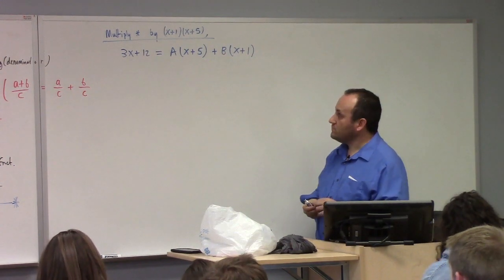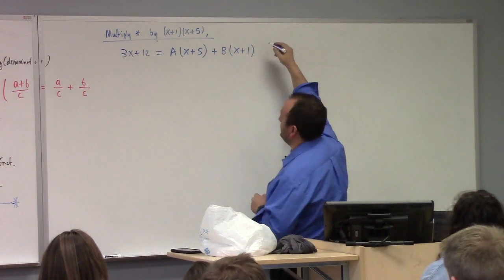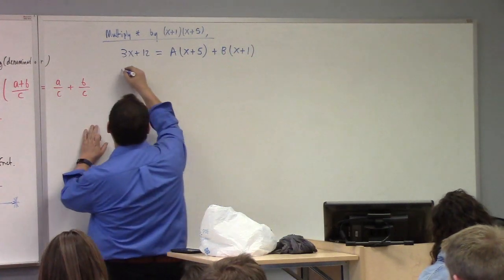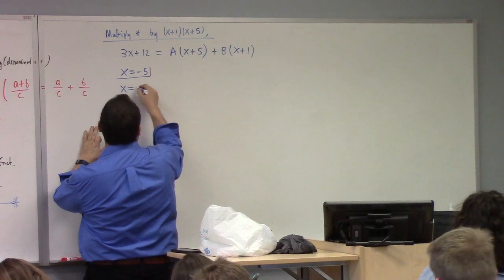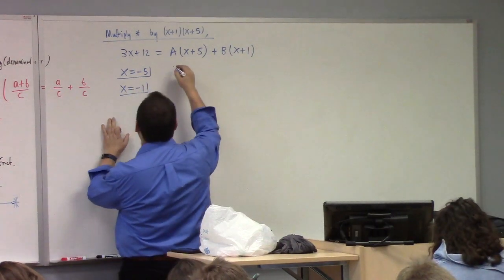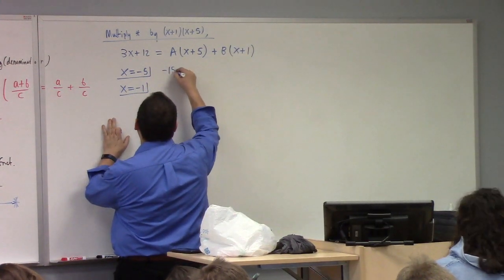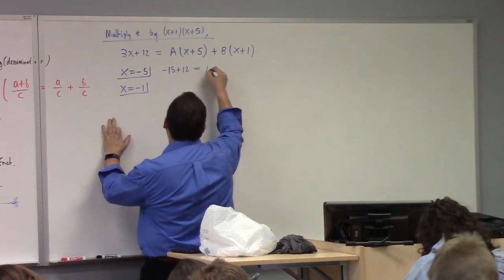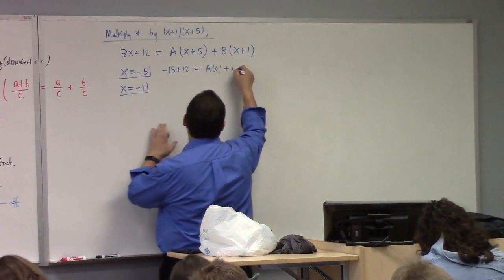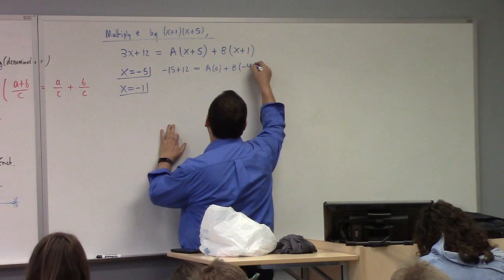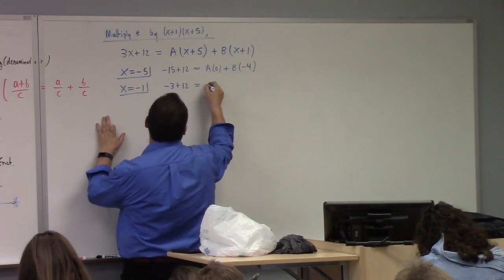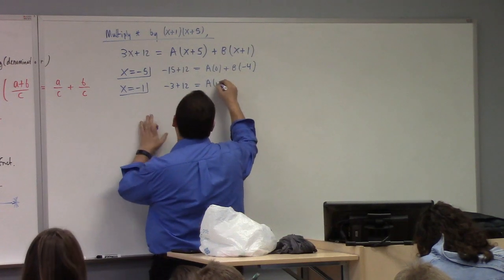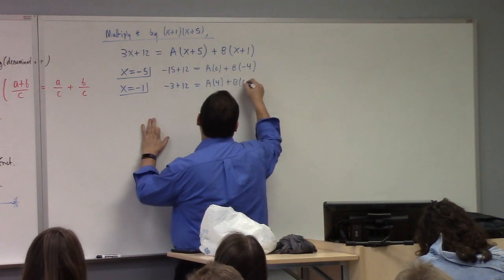All right. Now, how about we put x equals minus 5, and we put x equals minus 1 and see what happens. x equals minus 5 gives me minus 15 plus 12 equals A times 0 plus B times minus 4. x equals minus 1 gives me minus 3 plus 12 equals A times 4 plus B times 0.